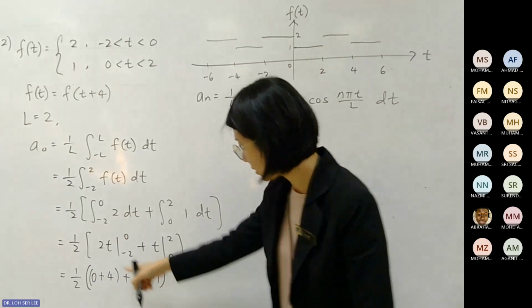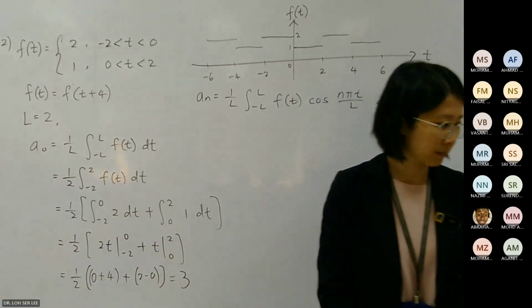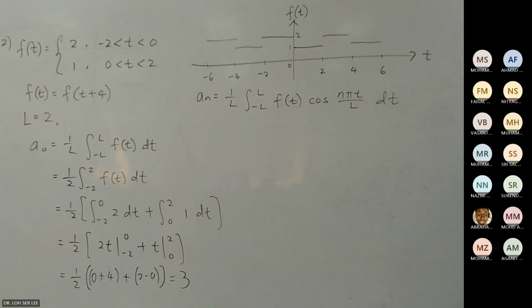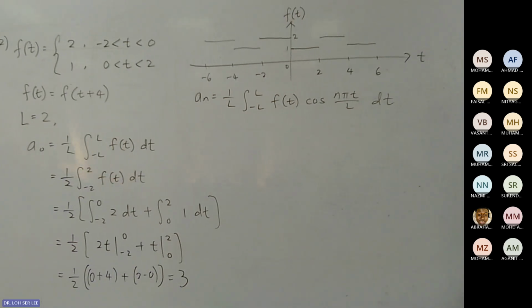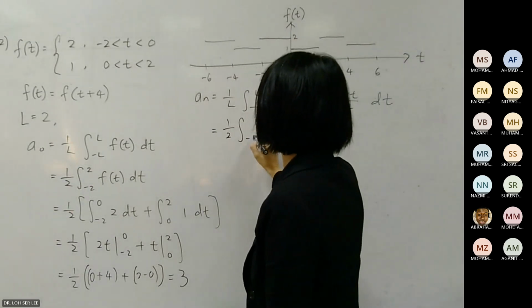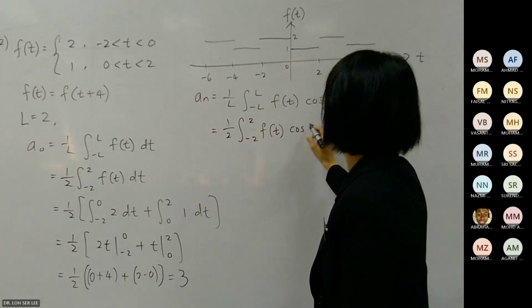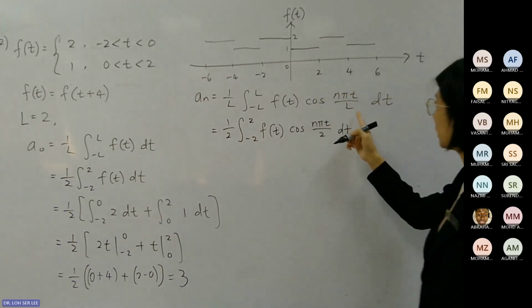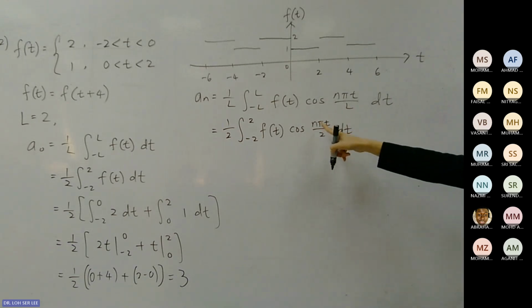So 4 plus 2, 6. 6 over 2, 3. Okay, when L is 2, your angle will be n pi t over 2.